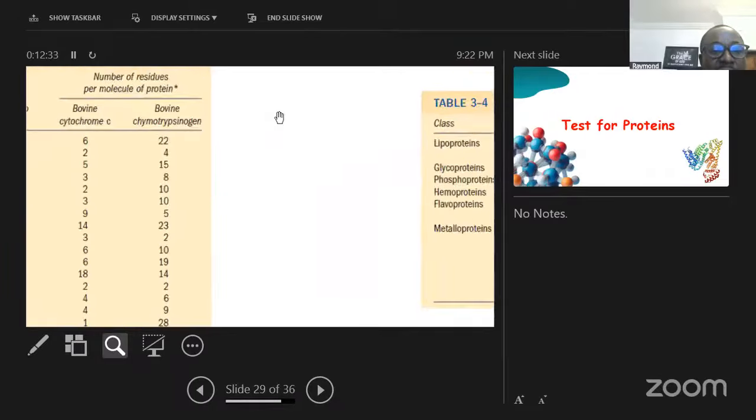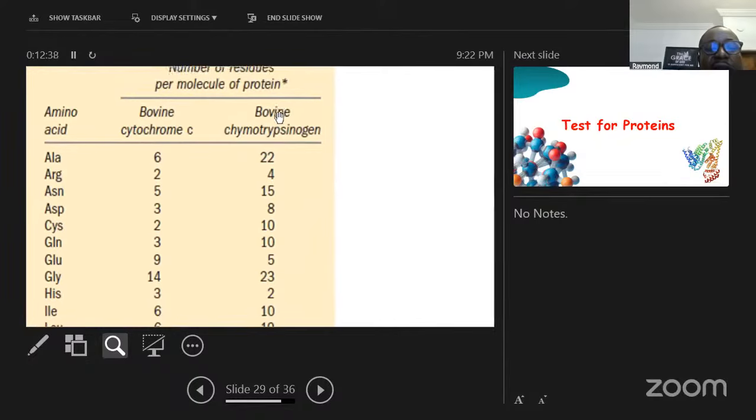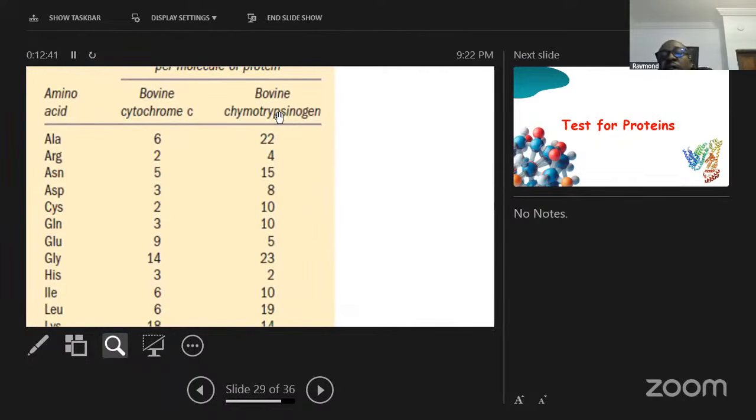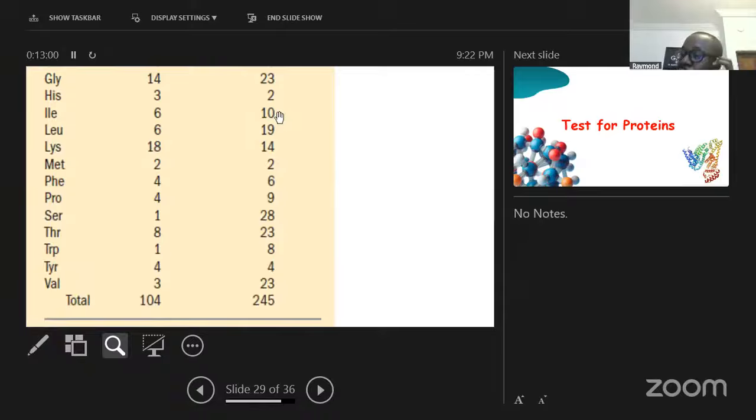Now, this is amino acid composition for bovine cytochrome C and bovine chymotrypsinogen. Alanine for bovine cytochrome is 6 in number. We have 6 alanine present in the protein. The entire number of amino acids is 104 for bovine cytochrome C. For bovine chymotrypsinogen, we have a total of 245 amino acids.